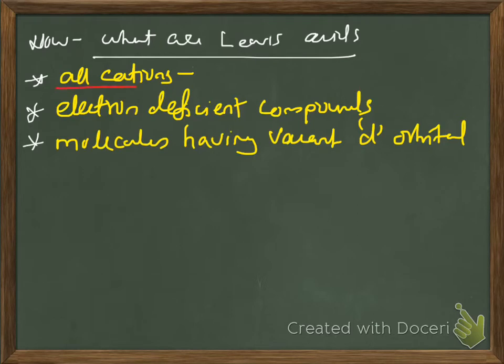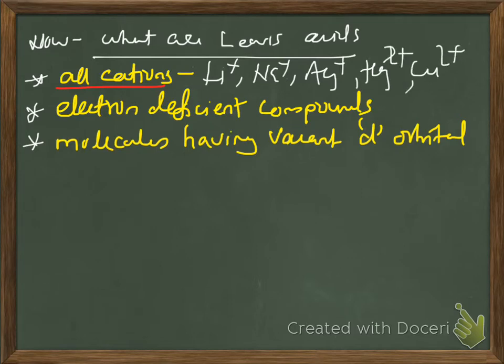First one, all cations are Lewis acids. All cations like Li plus, Na plus, Ag plus, Hg2 plus, Cu2 plus, etc. are Lewis acids.